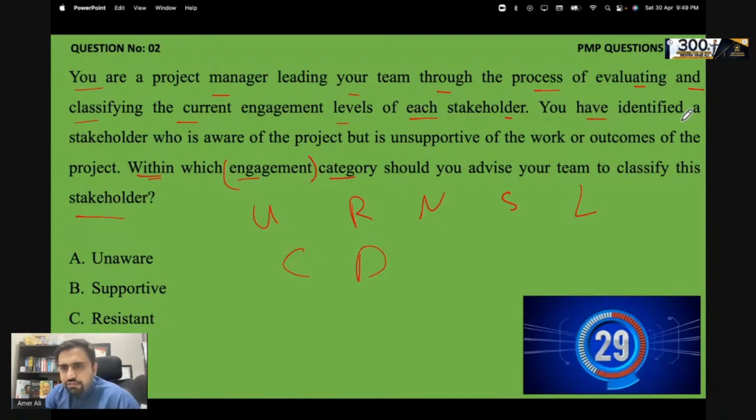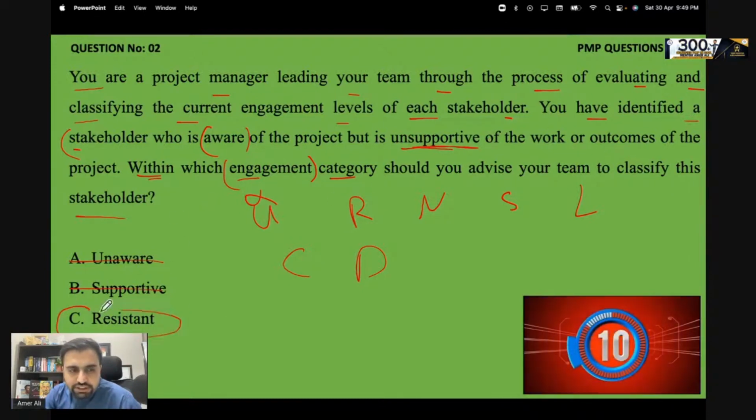You have identified a stakeholder who is aware of the project. He is aware, so unaware gets eliminated. But he is unsupportive, so neutral gets eliminated, supportive gets eliminated. So easy peasy, resistant.